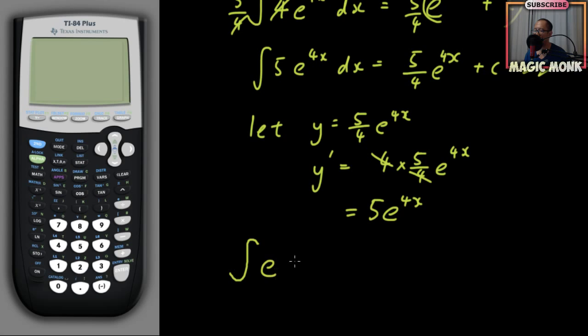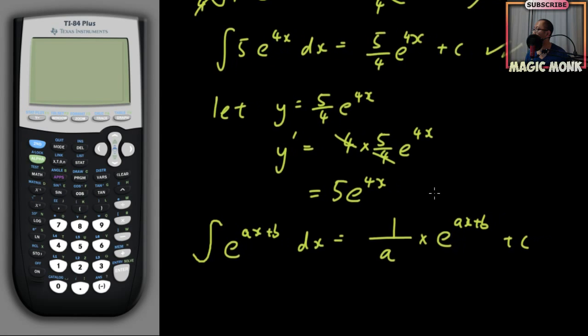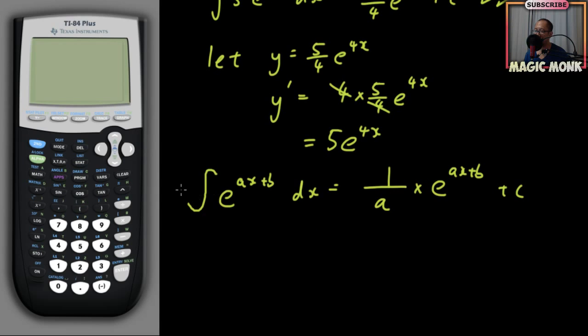Integral of e to the power of ax plus b is equal to 1 over a times e to the power of ax plus b plus c. So you can put a constant at the front as well, and then you can simply just replace the 1 with a constant.